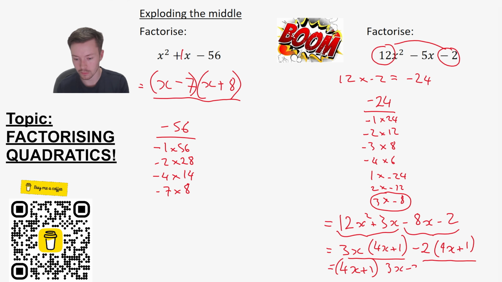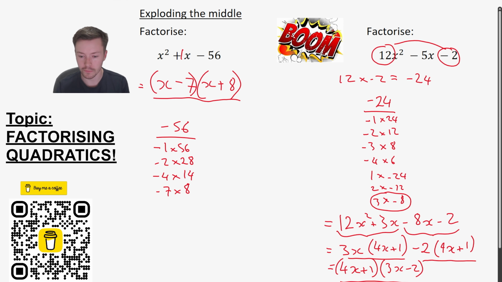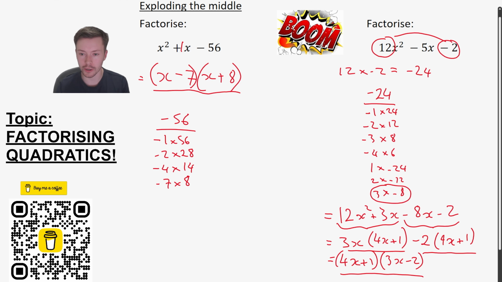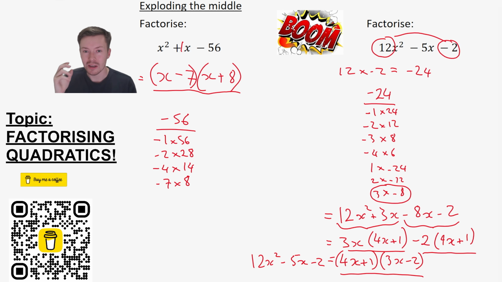That is my fully factorised expression: 12x squared minus 5x minus 2 is equal to 4x plus 1, 3x minus 2. And that's made it a lot easier and probably saved me quite a bit of time during an exam.